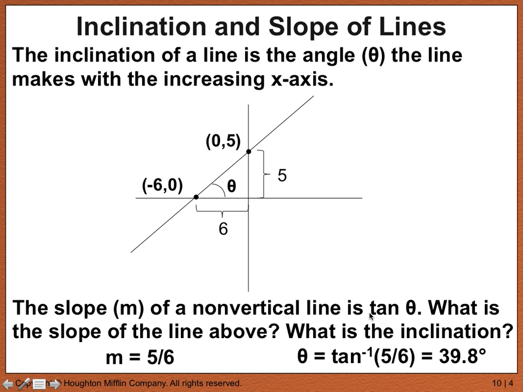Now, we are going to cover this a lot more extensively in the next semester. I'm purposely saving trig for the next semester because that'll be closer to the time you take calculus. And you'll be using a lot of trig in calculus. But for now, it's very easy to do this on your calculator. Okay, there is the tan button.